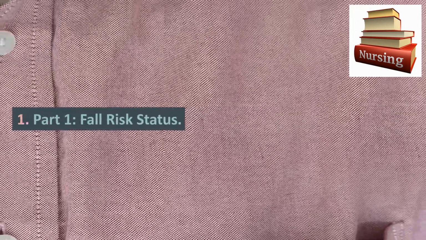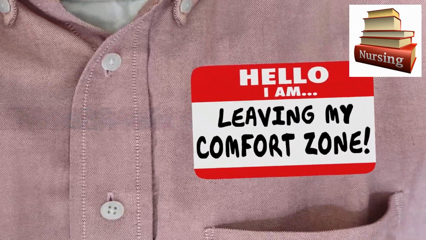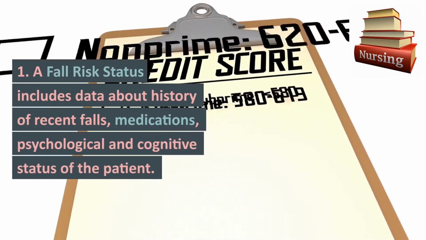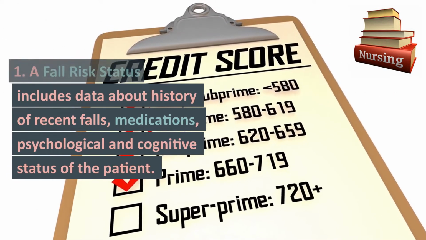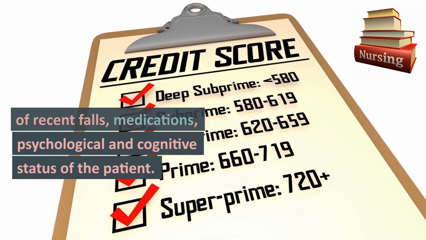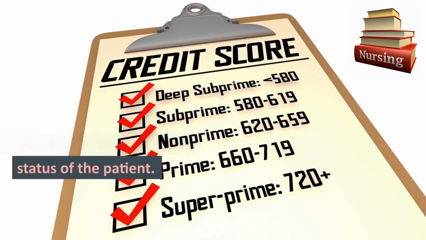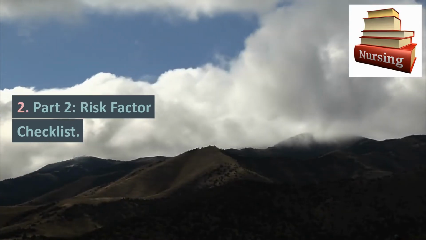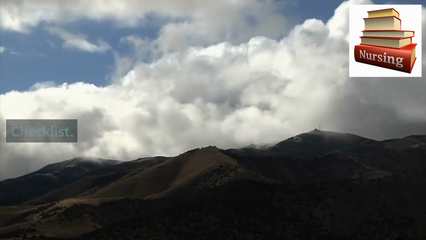1. Part 1, Fall Risk Status. A fall risk status includes data about history of recent falls, medications, psychological and cognitive status of the patient. 2. Part 2, Risk Factor Checklist.